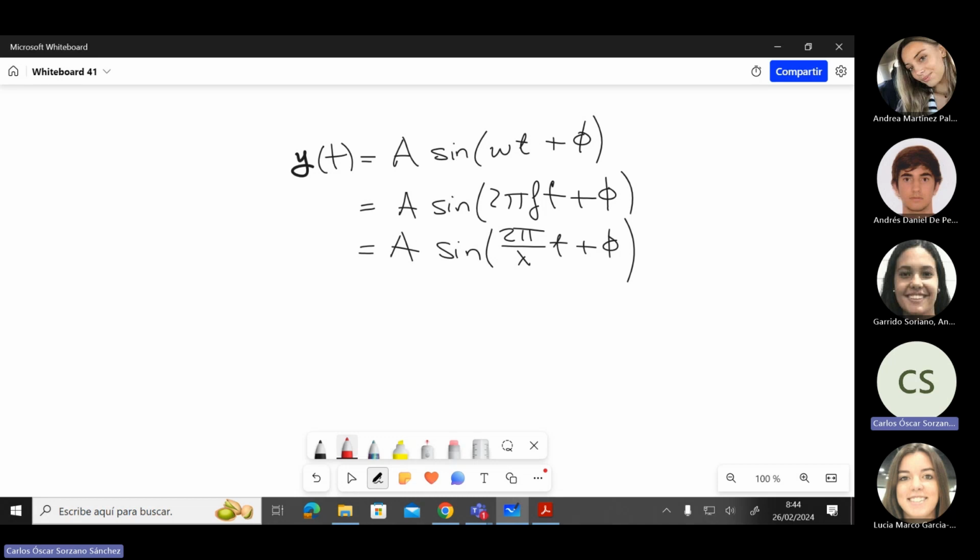Okay, so let's look at this one. The whole thing has to be radians, because this is the argument of the sine. This is seconds, so this has to be radians per second. And this has to be radians.